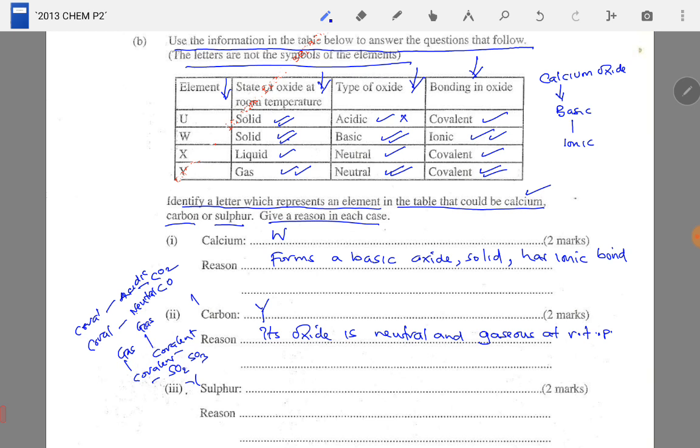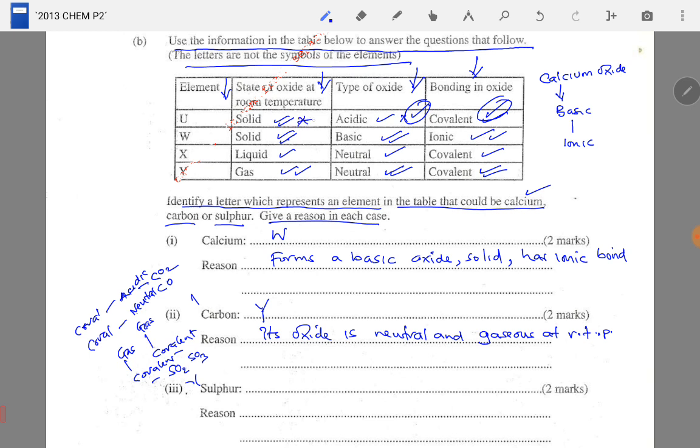Okay, no gas. Maybe we go to the second column, acidic. Yes, we are picking on acidic, nothing else. Acidic, covalent. So the two values are consistent, acidic and covalent.